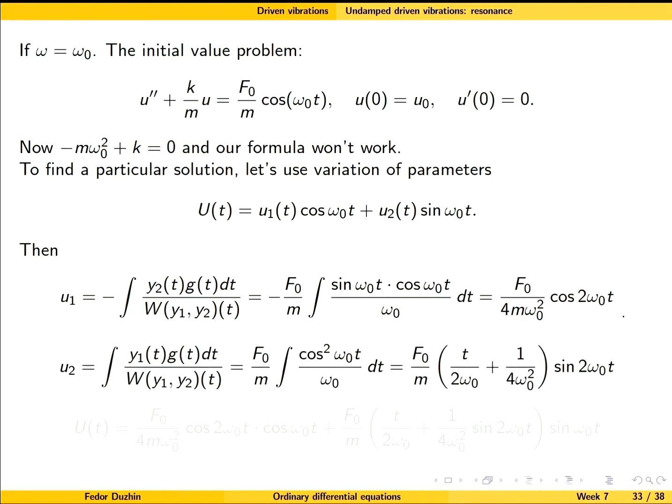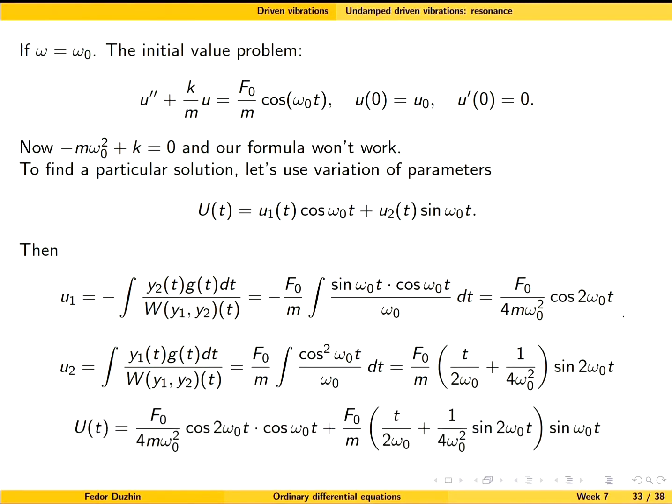Then for u2, very similar. You enter all the information that we know, g of t, W, and so on, and then you use Wolfram Alpha to integrate. Strictly speaking, the integrals are not too challenging even without Wolfram Alpha, but anyway. Putting it all together leads to a long and scary formula. So that's the particular solution.